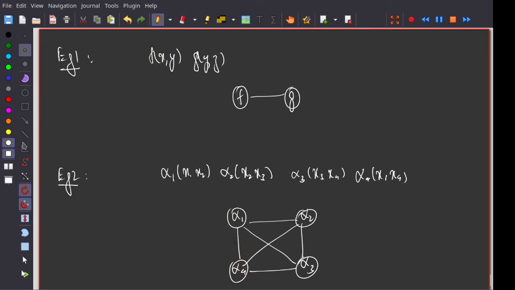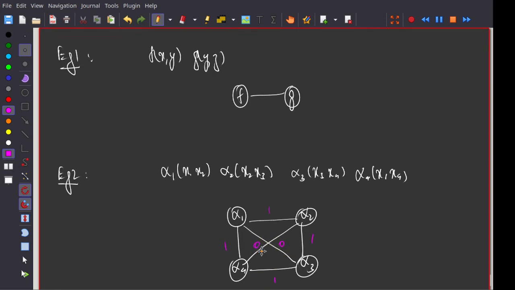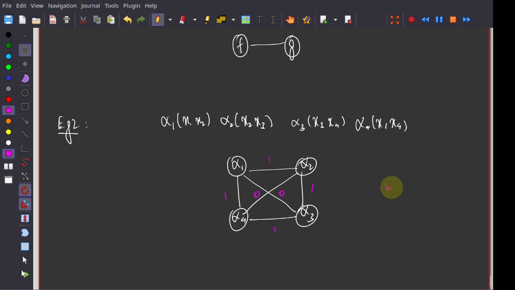What are the edge weights? Okay, what is W star equal to? So it's 2 plus 2 plus 2 plus 2 minus 4. So 8 minus 4, which is 4.